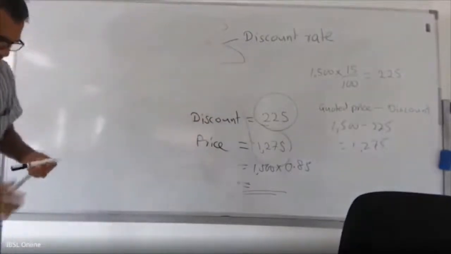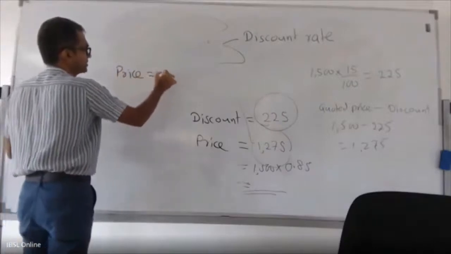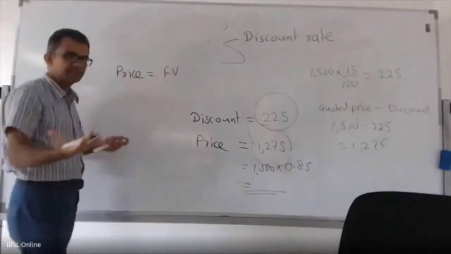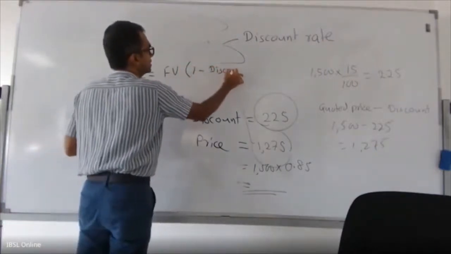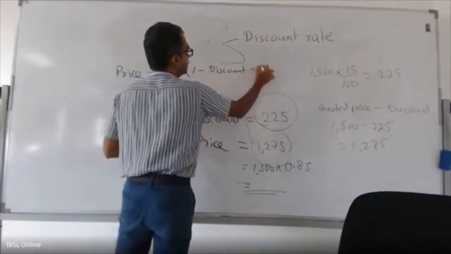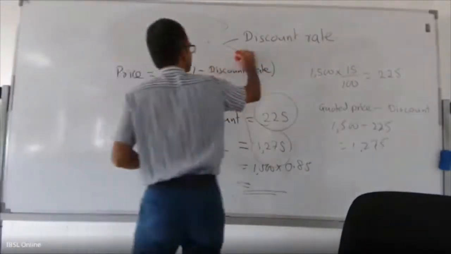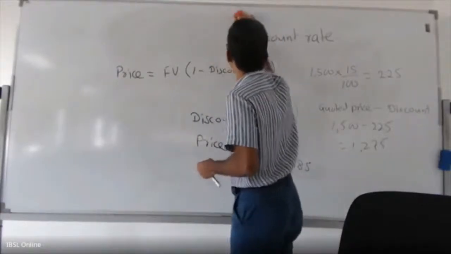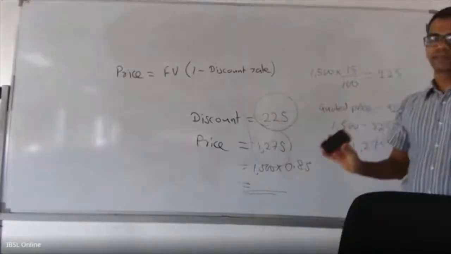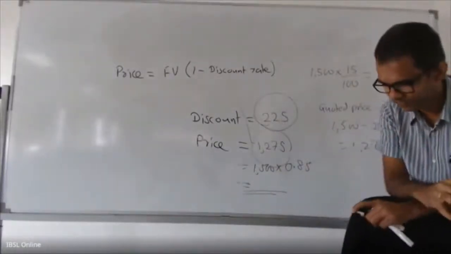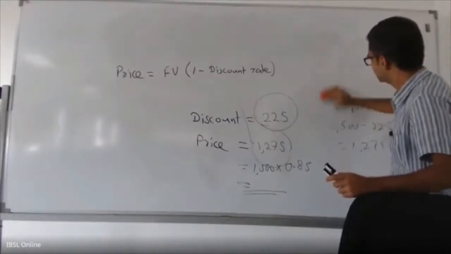You can calculate the price as face value times 1 minus discount rate. Is it clear? So you can do these calculations.